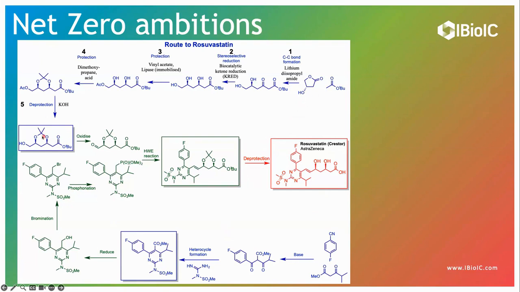So these bits in blue at the top here, we operated in Grangemouth and as I mentioned earlier, at Billingham for the stage 2, and we did this piece at the bottom in Grangemouth as well for this part of the molecule.